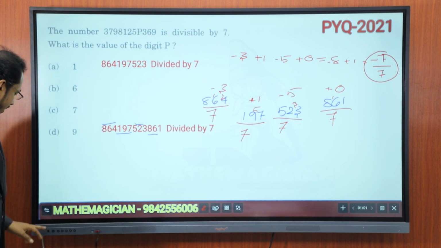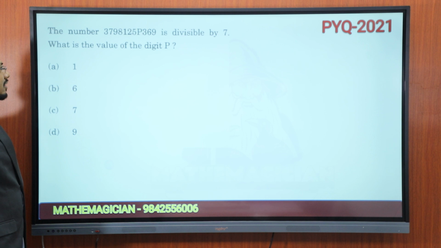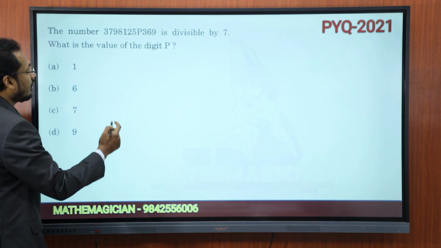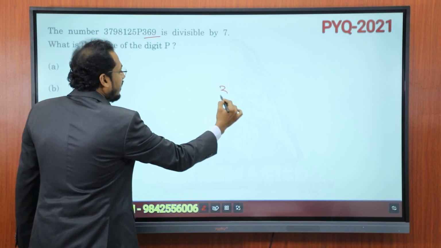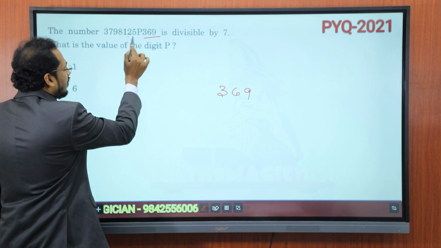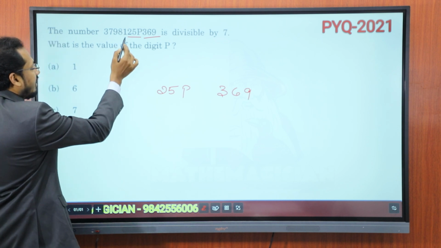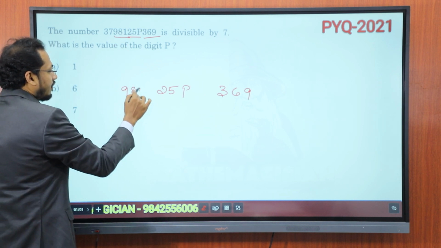Now, let me do our problem. So, what is this? Look at this. Let us take the same numbers. First, these 3 numbers, 369, right? Then 3 numbers, 25P, right? Next 3 numbers, 981, right?